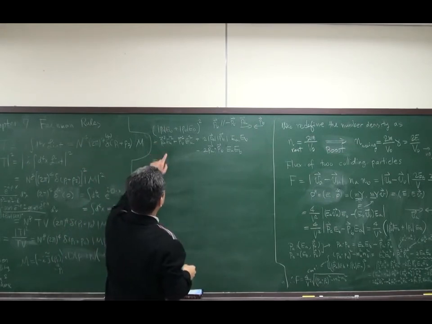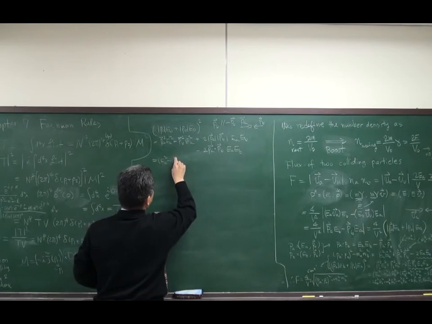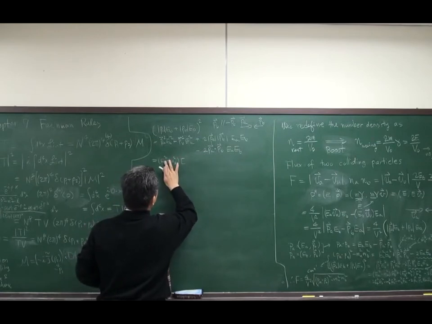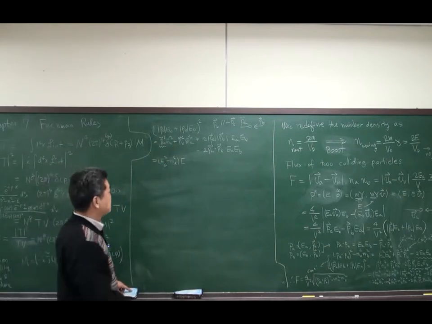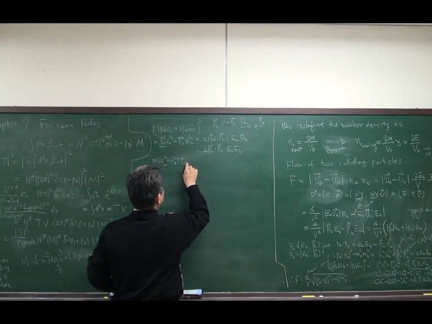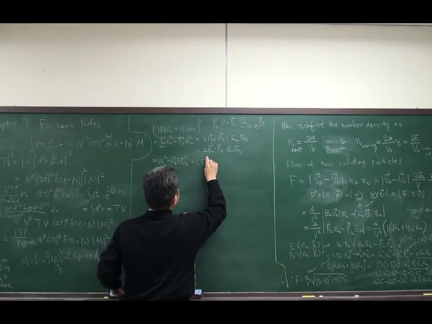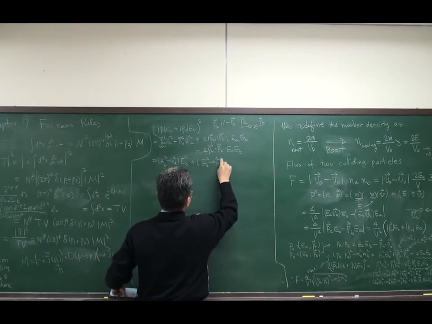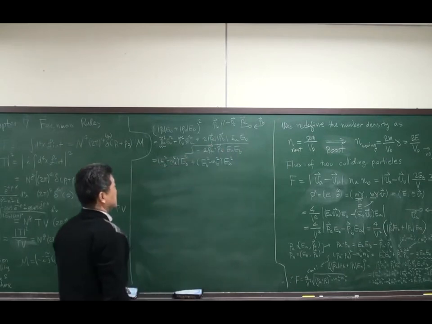And this can be rewritten. Why don't we make use of energy? EB squared minus MB squared, EA squared minus MA squared, this is momentum squared. And EB squared plus EB squared minus MB squared times EA squared. Okay?